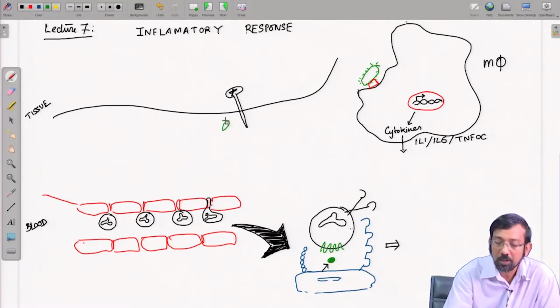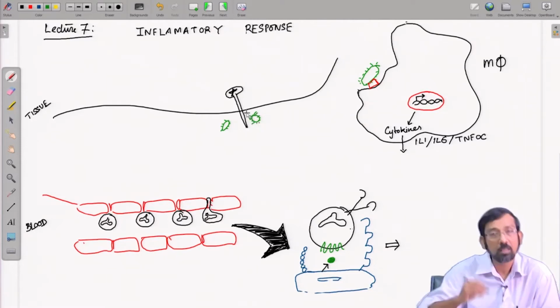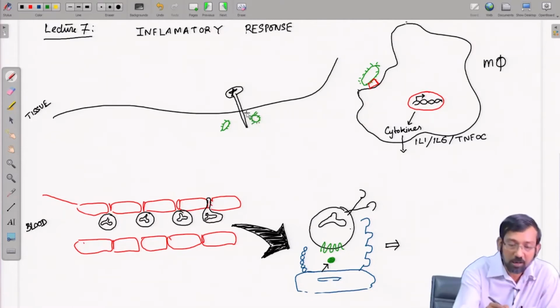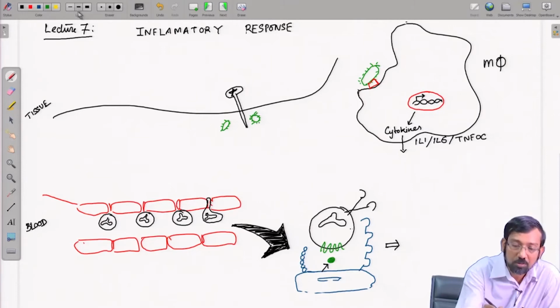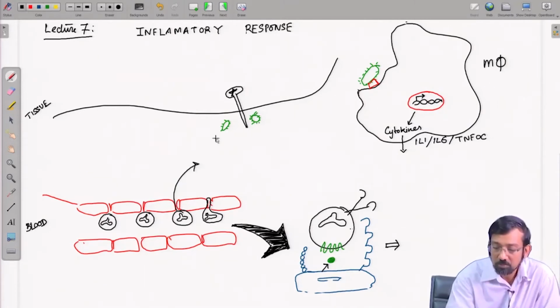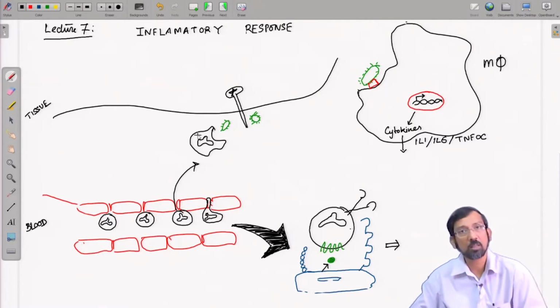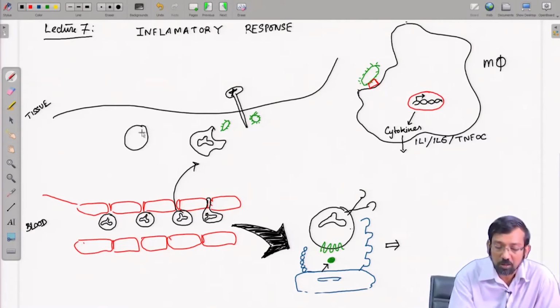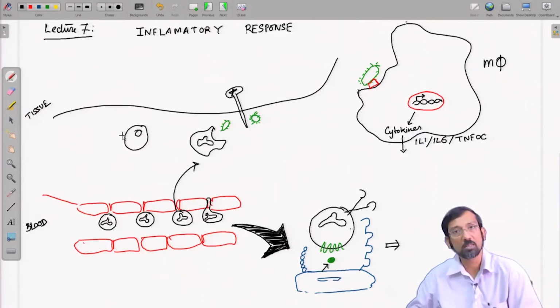Then we have the bacteria or the pathogens that have entered the body in this part, and we have the neutrophils moving to this part. This to some extent looks still very familiar from our last class, and also you have the mast cells.